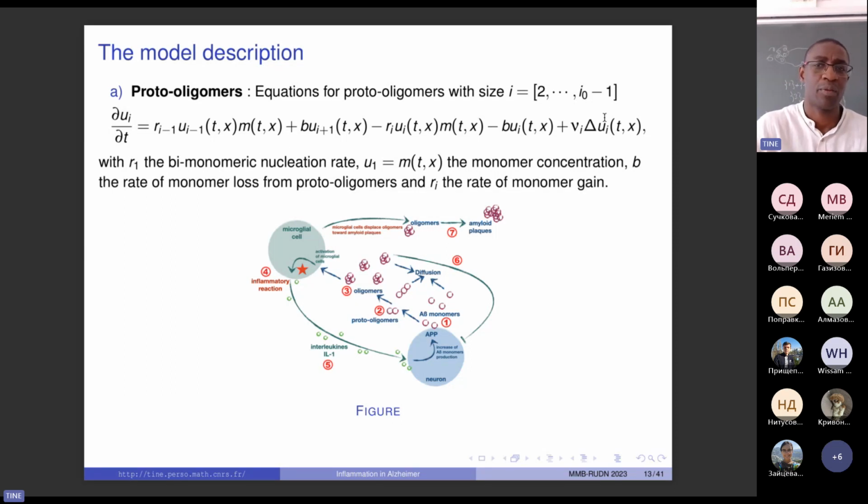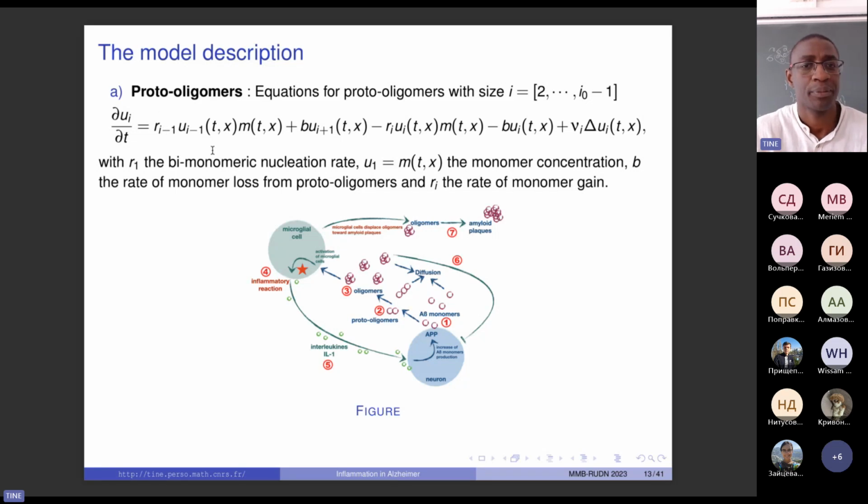The first thing is the dynamic of proto-oligomers, the time evolution, which follows this equation. Proto-oligomers of size I are obtained when a proto-oligomer of size I-1 gains one monomer, so it becomes one of size I. The rate of gain is R_{I-1}.